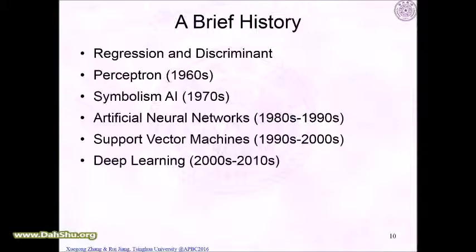And soon people realized, oops, it had run out of power. People realized the shortcomings of the shallow version of the artificial neural network. Then support vector machines started to get popular in the late 1990s and early 2000s, and people paid less and less attention during that period to neural networks. But fortunately, some scientists kept working on artificial neural networks and tried to make them deeper and deeper.